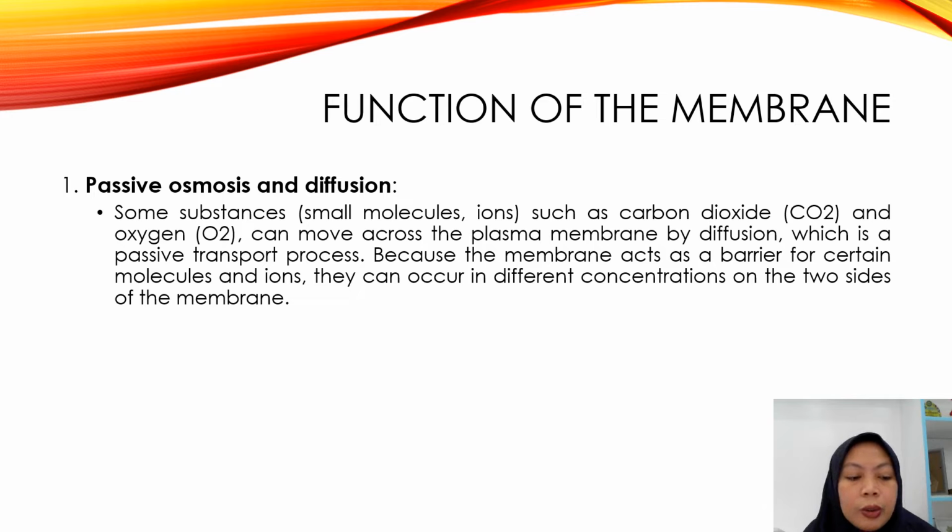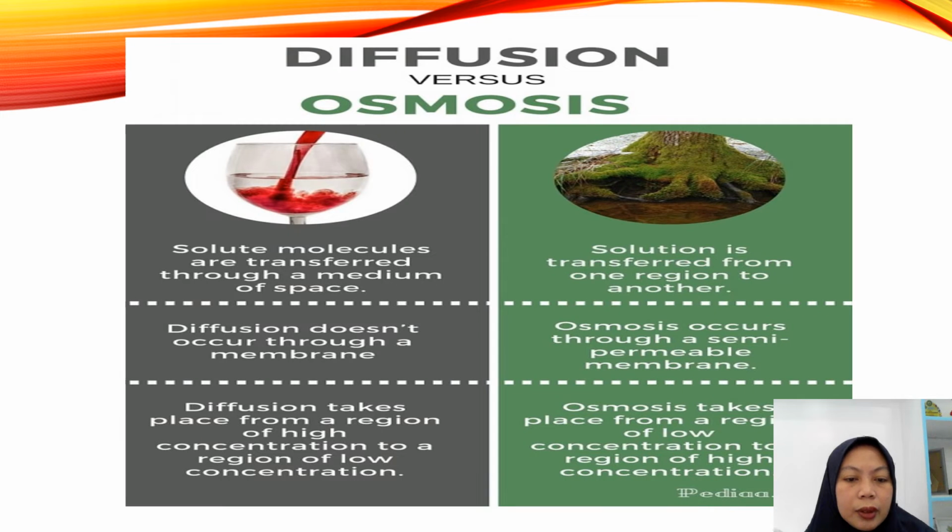So what is the difference? Let's differentiate diffusion from osmosis. When you say diffusion, the solute molecules are transferred through a medium of space. And then in osmosis, the solution is transferred from one region to another.